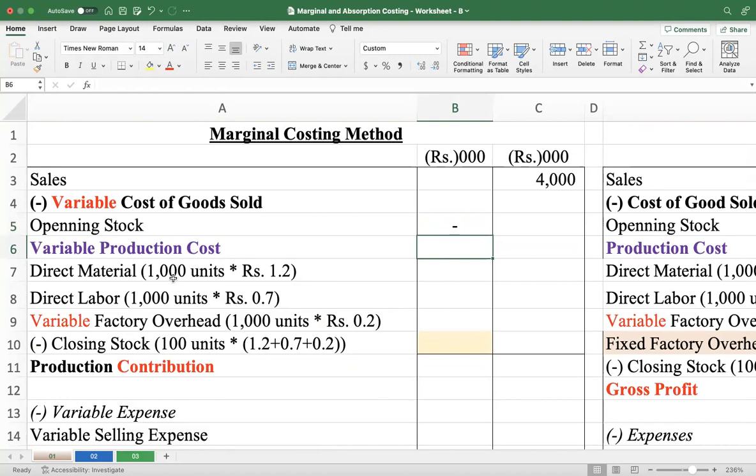So in production, what are the variable costs that are incurred? We discussed these in the tutorial last week. We need to consider direct material, direct labor, and if there are any other variable factory overheads, then again we have to take that value as well. We should consider it as a cost.